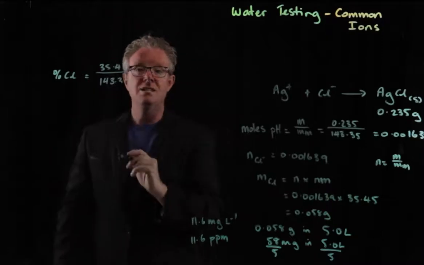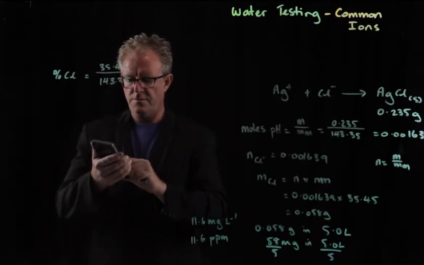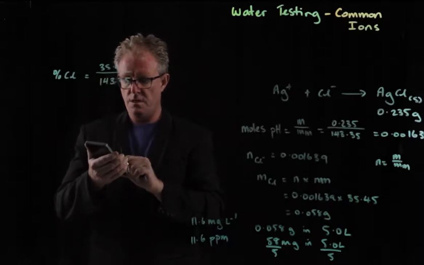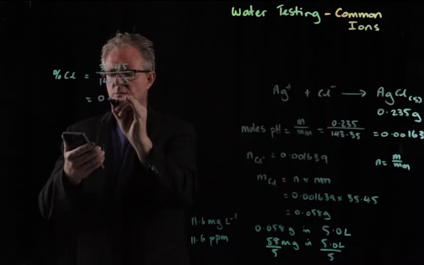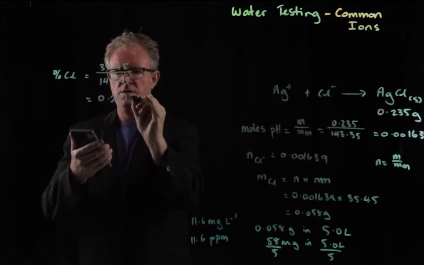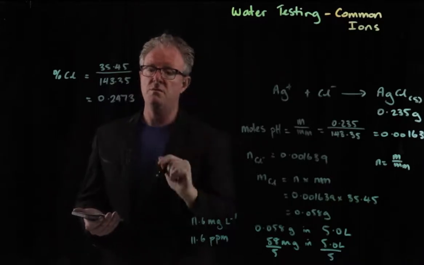That'll give us a percentage. So 35.45 divided by 143.35 is going to say 0.2473. If you times it by 100, it'll be 24.73%.